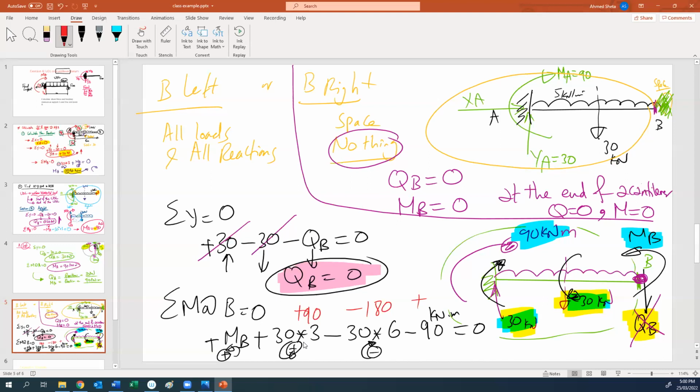Okay, so this one, we are at B, so 30 by 3. This one is 3 meter. So this one, 30 by 3. This one is positive or negative? This one is anti-clockwise, so this one also positive. This one clockwise, so negative.